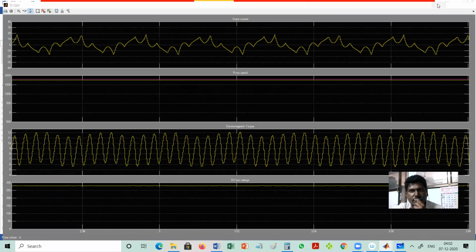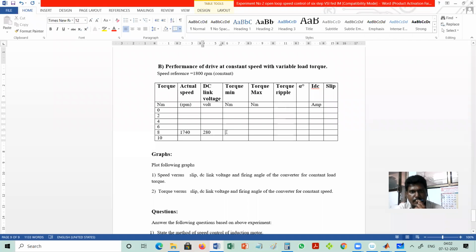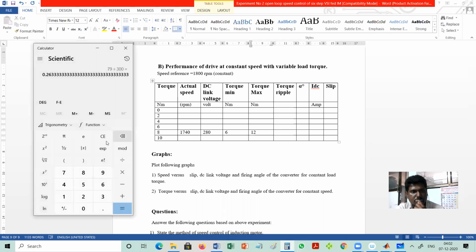Sorry, 12 Newton meter and minimum is 6. So the torque ripple is 12 minus 6 divided by 8, which is 0.75.